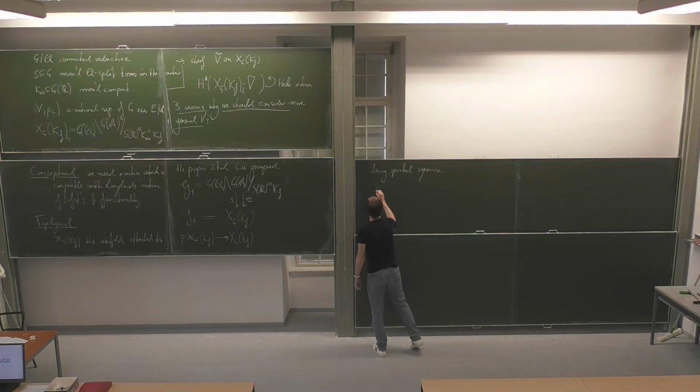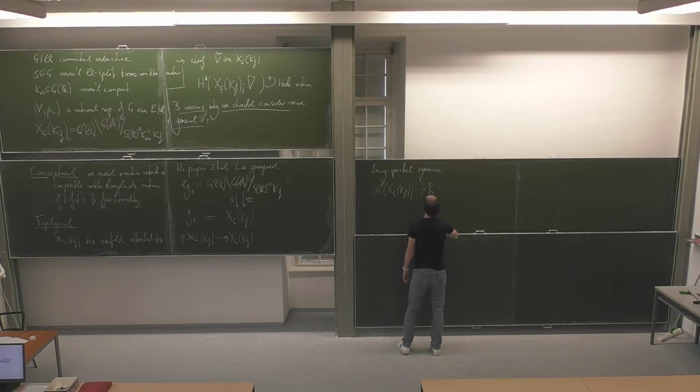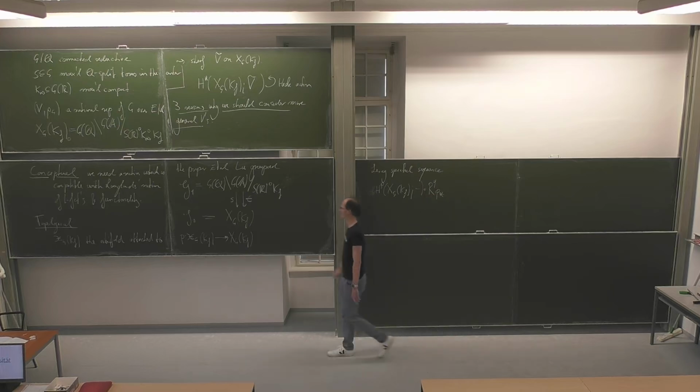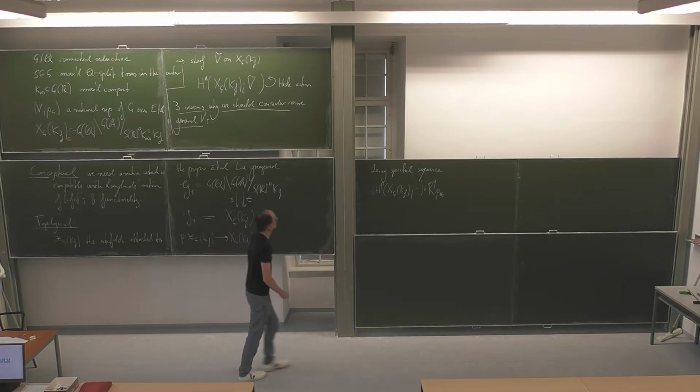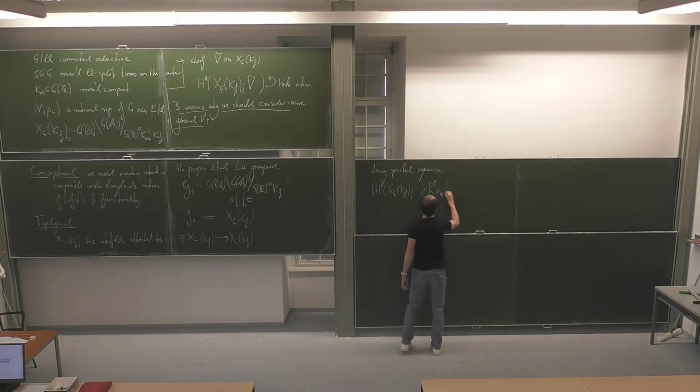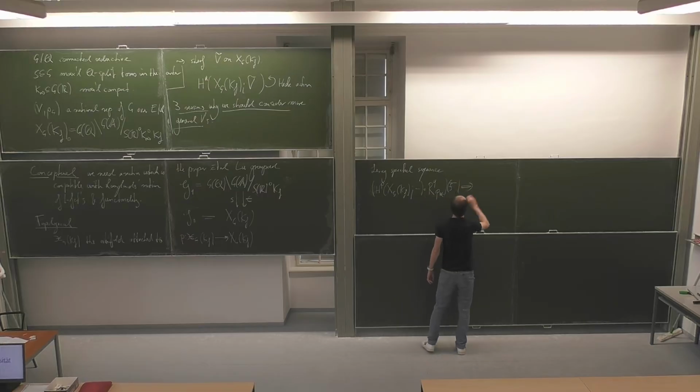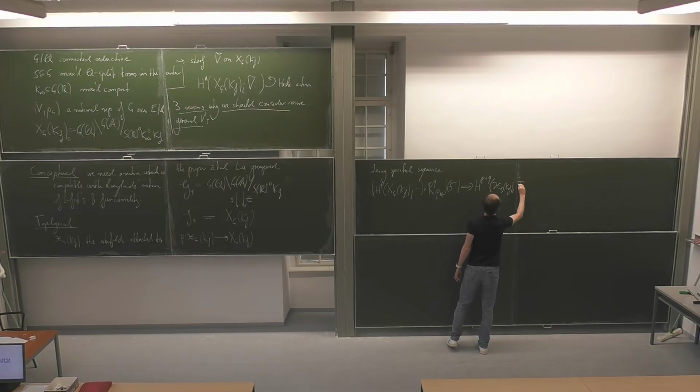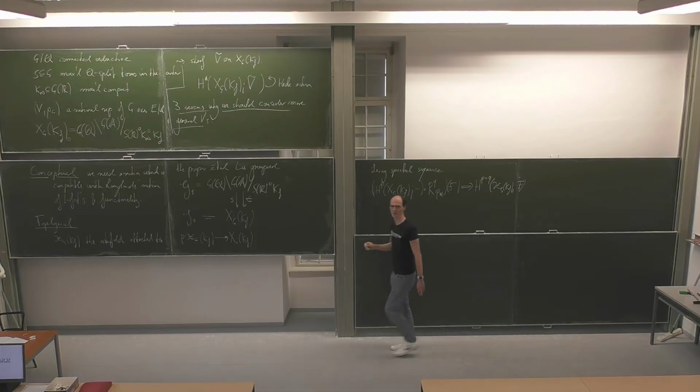You take the right derived functors, which are just the cohomology, Ext_G, and you compose this with the right derived functors of the push forward along P, here at any sheaf F. This converges to the orbifold cohomology with coefficients in F, for any sheaf F on the orbifold.